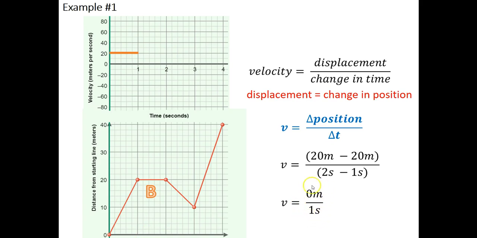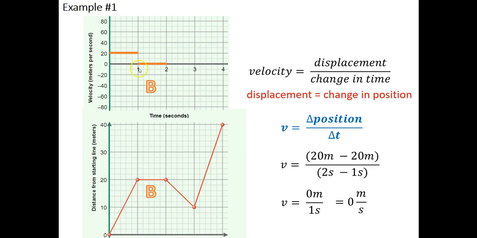That gives us 0 meters change in position because our object didn't move, divided by 1 second, which is 0 meters per second velocity. So back up to our velocity graph, and again, a constant 0 velocity from 1 to 2 seconds. We're going to draw a straight line across from 1 to 2 at 0 meters per second.